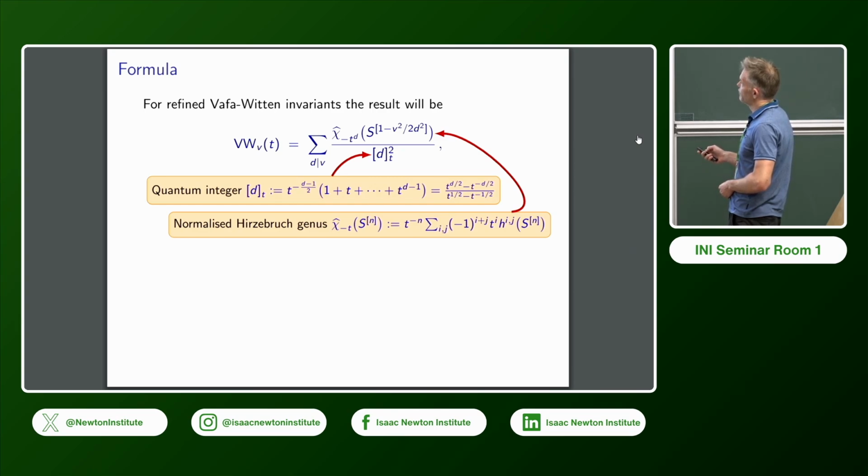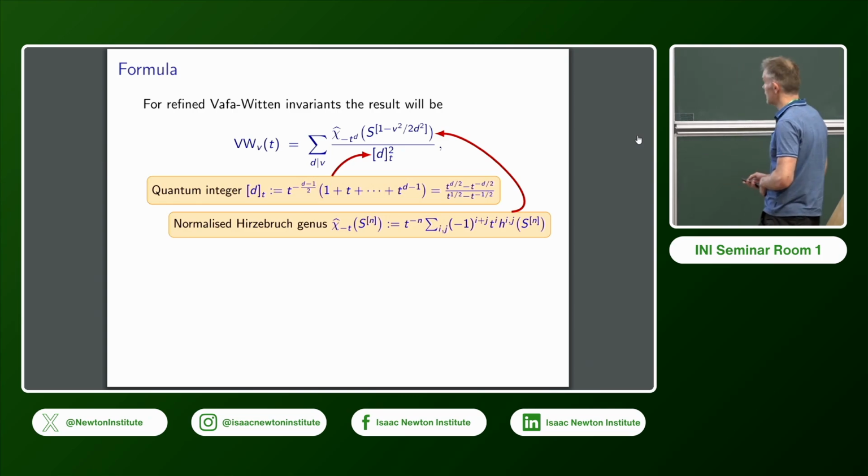So the first one is this refinement of the integer d. So this is this quantum integer. So if you set t equals to 1 in this, you just get d. But this is the refined version. And then this chi hat is this normalized Hirzebruch genus, which refines the Euler characteristic. If you put t equals 1 in this, you get back the Euler characteristic. Okay, but this is something just coming from the Hodge theory of S.